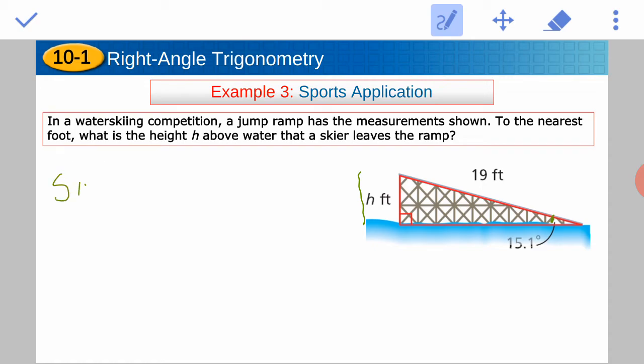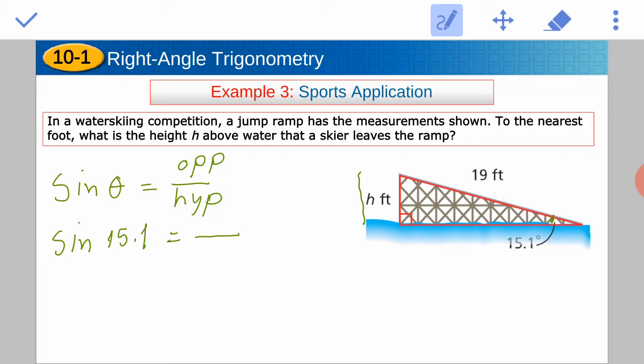So we can start with the formula. Sine theta equals opposite over hypotenuse. Our theta is 15.1, so sine 15.1. We don't know what sine 15.1 is, so we're going to use a calculator to evaluate this.